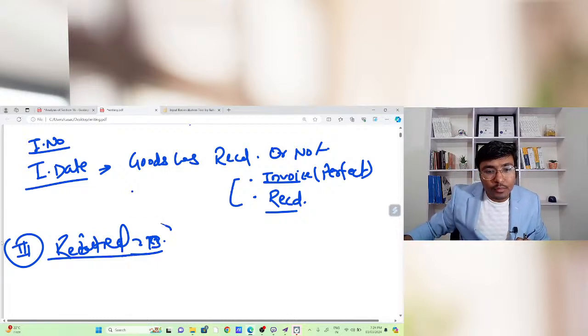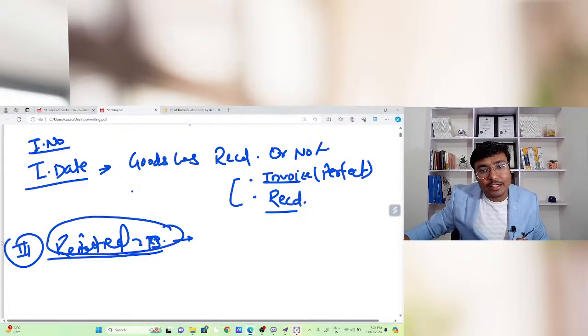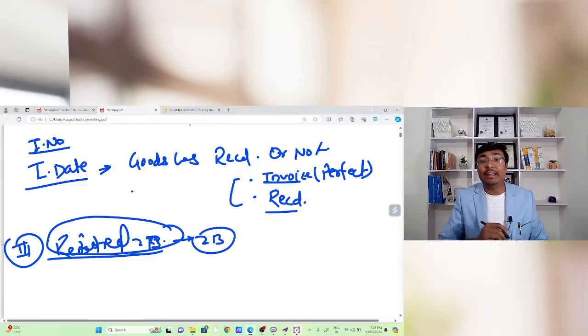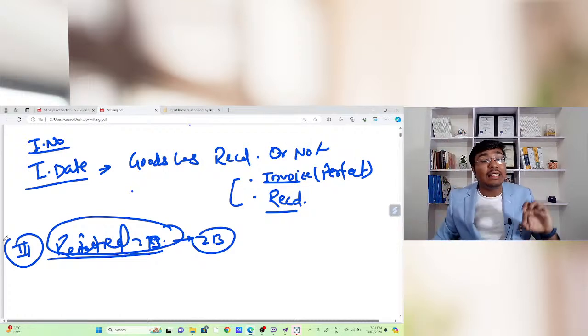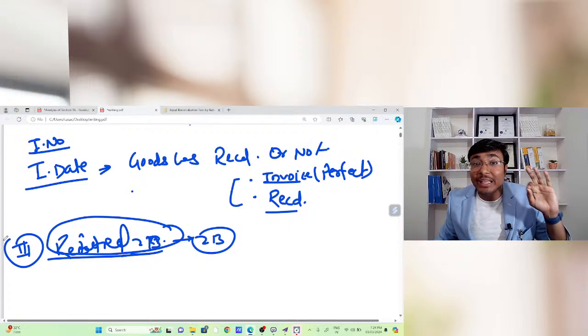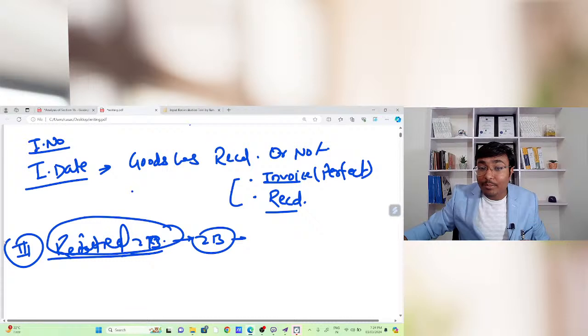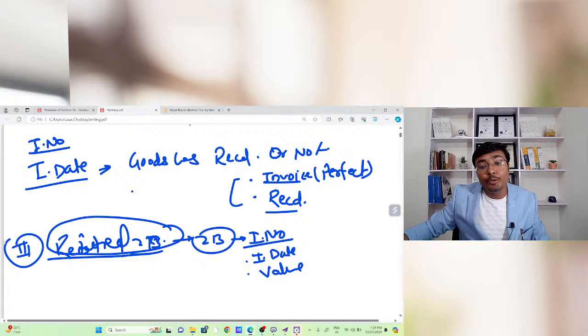now the same is to be reflected in the GSTR 2B. If any input tax credit is not reflected in the GSTR 2B, in that case that input tax credit will not be available. Now at that time you also need to verify the invoice number, the invoice date, the invoice value, and the taxable value.